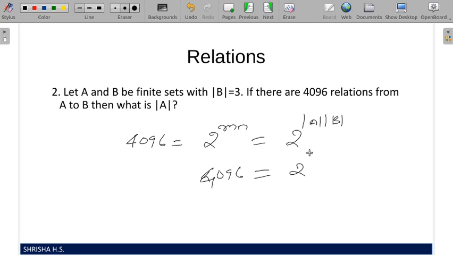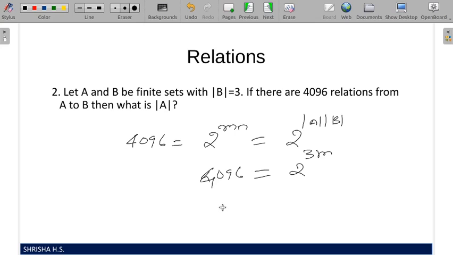So 2 to the power of 3 into the number of elements in A, which we denote as m as usual, equals 4096. We need to find m, so we apply log on both sides. I will swap this way because 3m is what we are interested in.